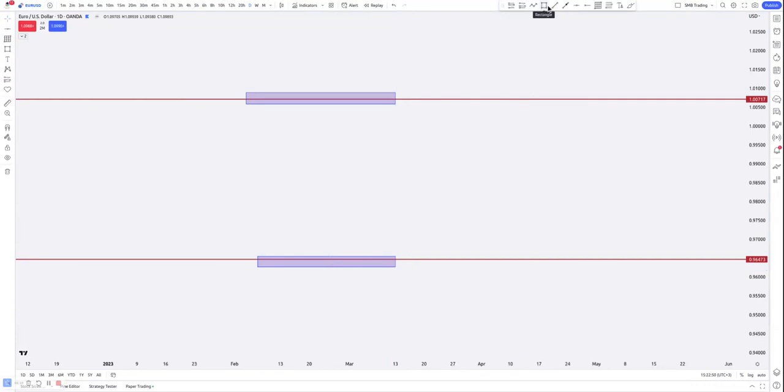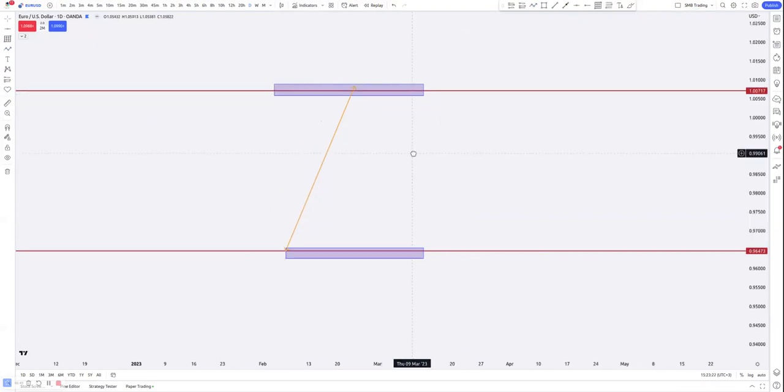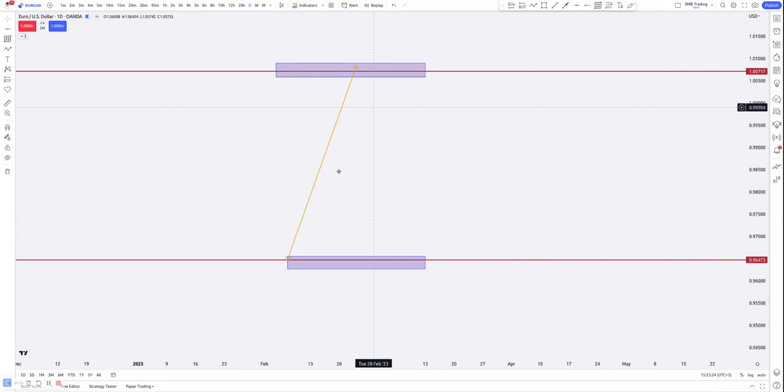And the distance from here to here, this is the sell side liquidity and the buy side liquidity, and from here to here price will not just use a straight line like this one, right? This is not how price will move from one PD array, which is the sell side, to the buy side.